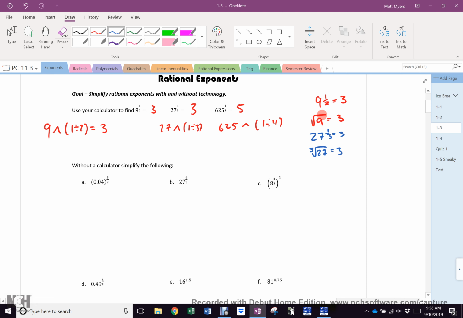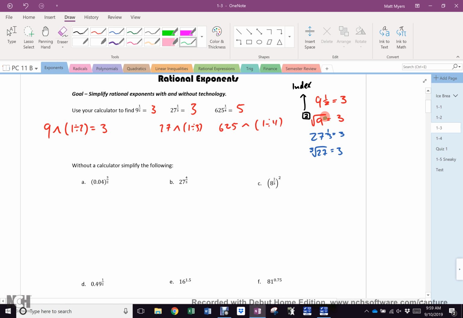mathematical notation is a radical, and it is missing that number right there, which is called the index. That index, when there is nothing there, is a 2. In this case, it is a 3. You also, of course, already know that this 9 is missing an exponent, because there's an exponent that we don't write.